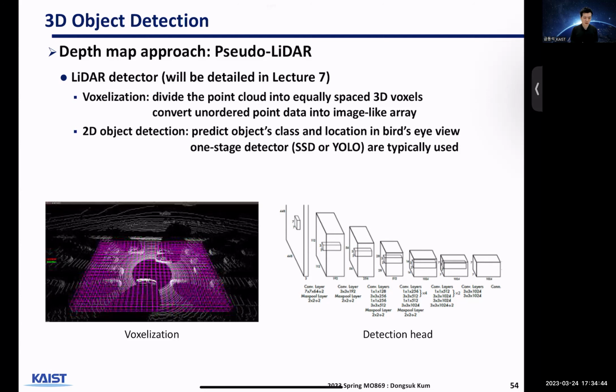Okay. And PointPillars is sort of working in that representation. Okay, and the detector works in that bird's eye view space. That way, the network can run faster. Okay.